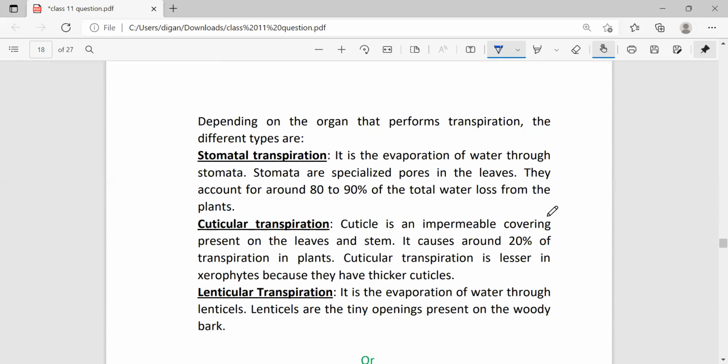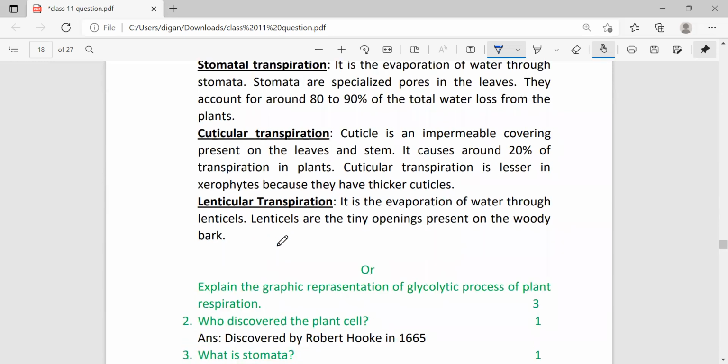Cuticle is an impermeable covering present over the leaf and stem, and it causes around 20% of the transpiration. And last one is lenticular transpiration. It is the evaporation of water through lenticels. So when transpiration takes place through a lenticel, it is lenticular. When through the cuticle, it is cuticular. And when through stomata, it is called stomatal transpiration.